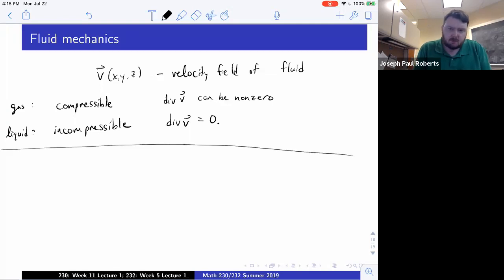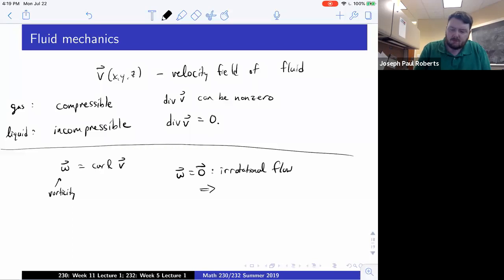And so then I guess the other thing that you could do is define something called lowercase omega, which is called the vorticity, the curl of the fluid velocity. And so if you assume that the vorticity is 0, you have something called irrotational flow, which means that you have existence of a velocity potential.